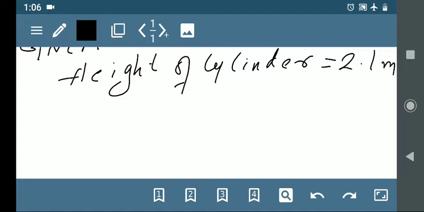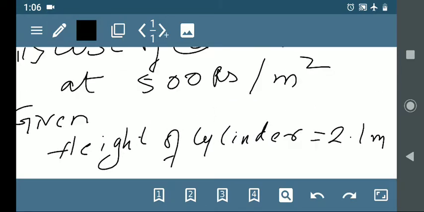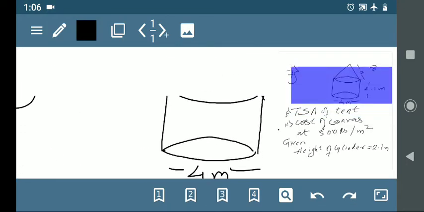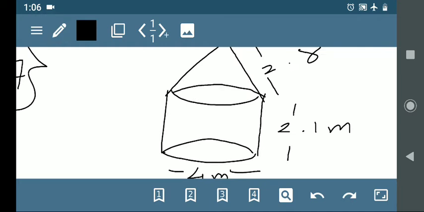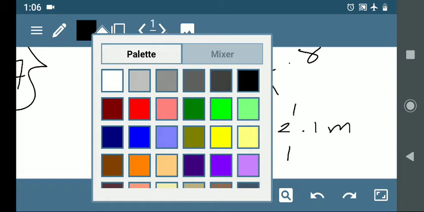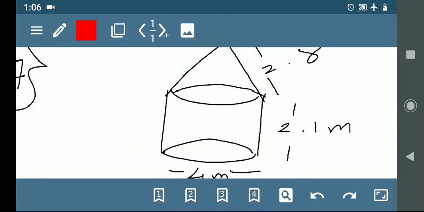Listen here students. On the cylinder we have a conical top. Means the base of the cone is attached to the base of this cylinder. Base of cone and top of cylinder is attached together.